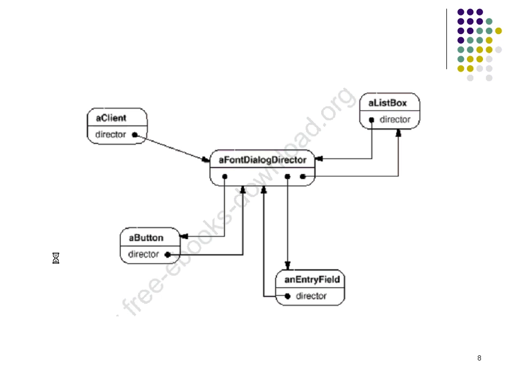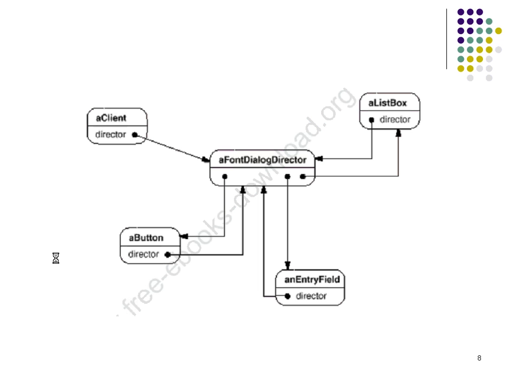So the alternative would be as follows. I would have an object called list for the list, the first one. And this object has a pointer to a new object which is called font dialog director. So this is a director object. And the list box has a pointer only to the director object. The list box does not have a pointer to the entry field or to the button class.